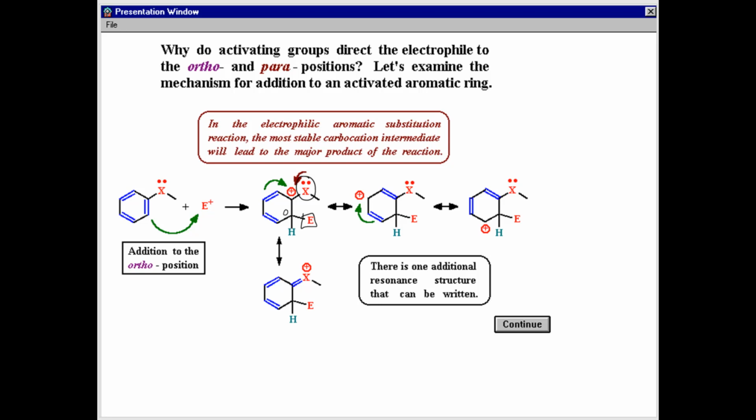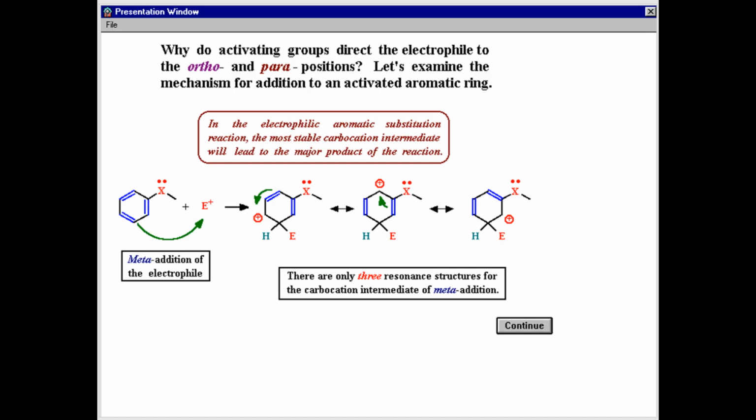Okay? So what would happen if I added the electrophile to the meta position? If I add the electrophile to the meta position, the plus charge will be on 3 carbons in the resonance structures, but the plus charge never is next to the atom with the lone pair, so I only get 3 resonance structures here. Well, this is one of these reactions that goes through the major product.